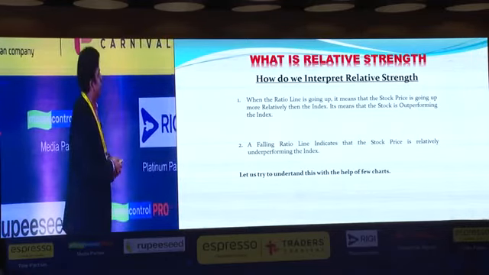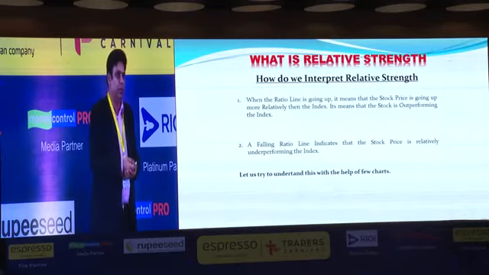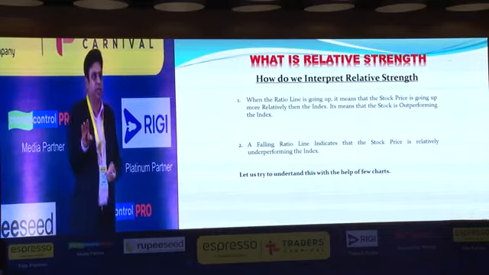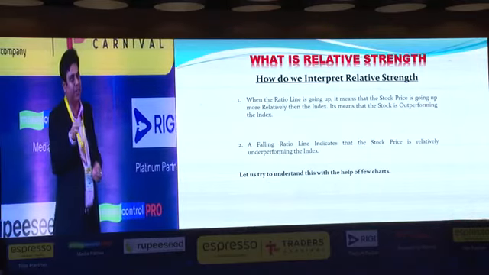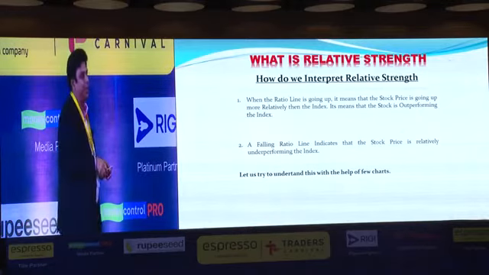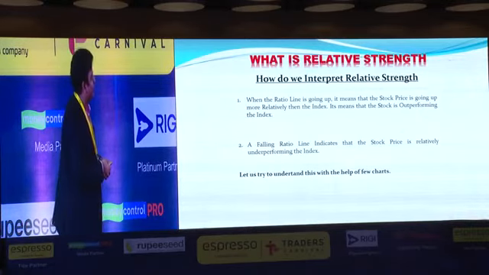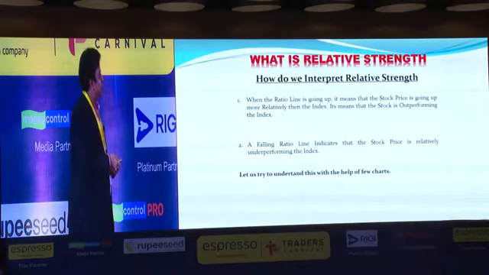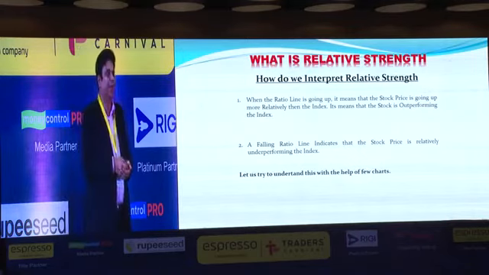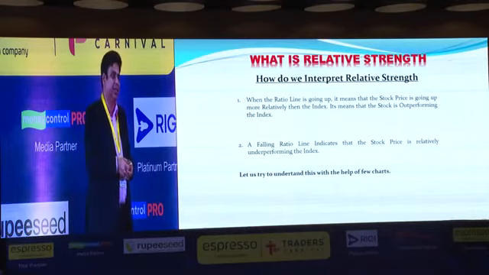So, simply speaking, when there is a line chart or any candlestick chart of a stock, and at the bottom of the pane we have this relative strength chart, when the ratio line is going up, it means that the stock price is going up more relative to the index. Why? Because my numerator is the stock and my denominator is the index.